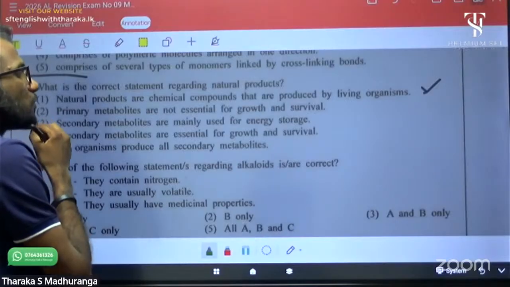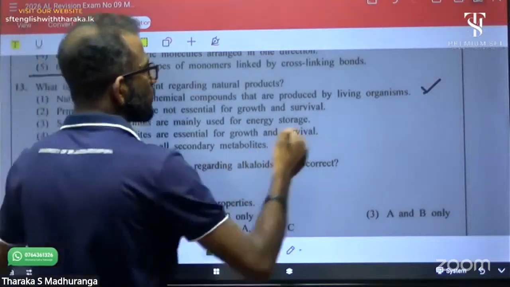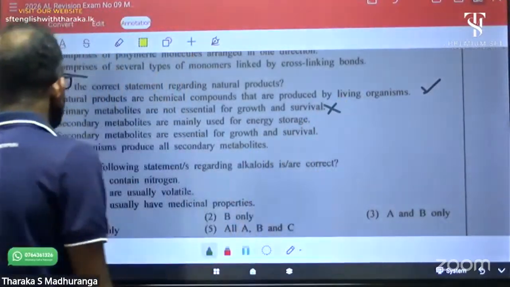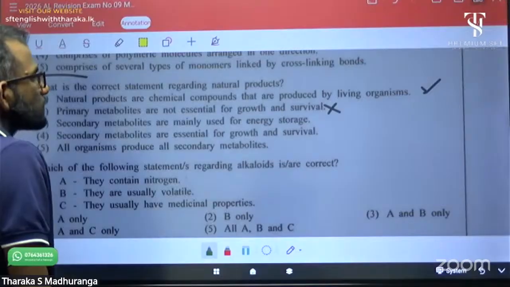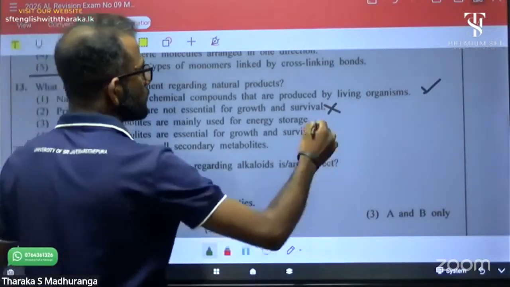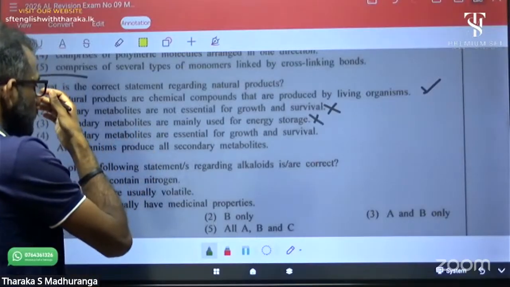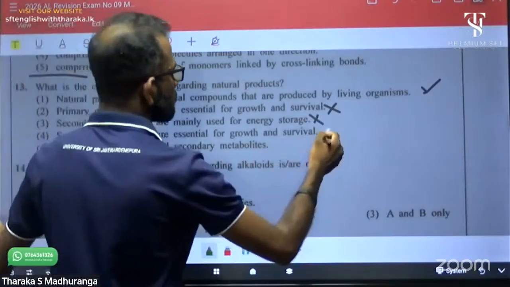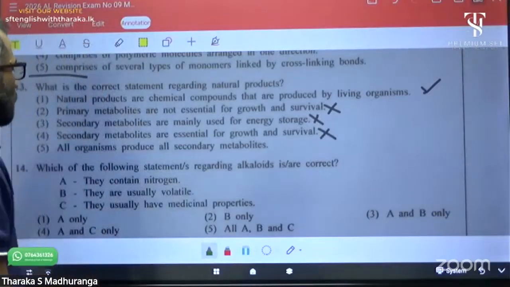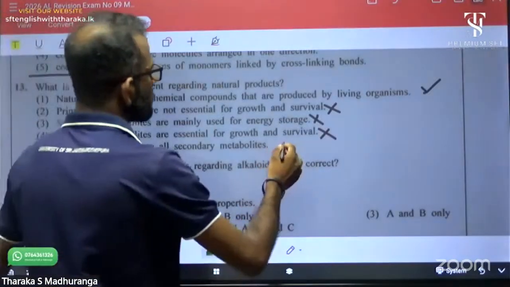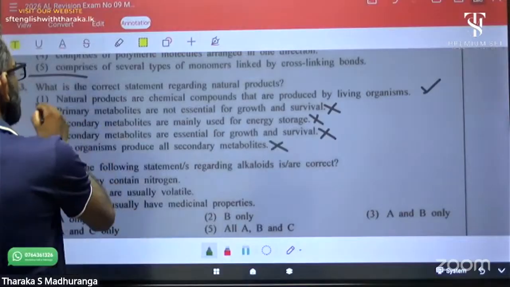Primary metabolites are not essential for growth and survival. No, it is compulsory. Secondary metabolites are mainly used for energy storage. No, they are not directly involved in the process. Secondary metabolites are essential for growth. No. All organisms produce all secondary metabolites. No, it is only for certain ones.